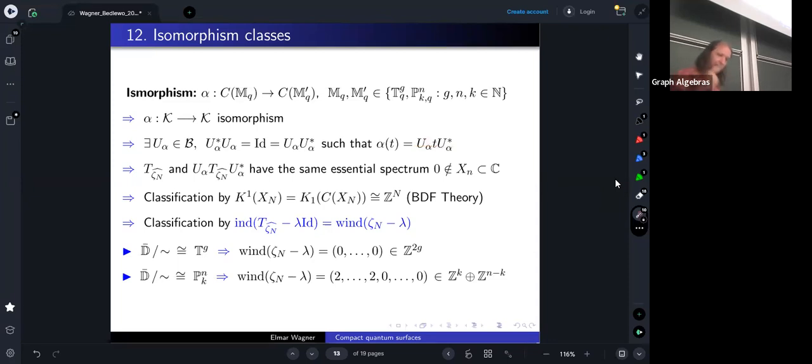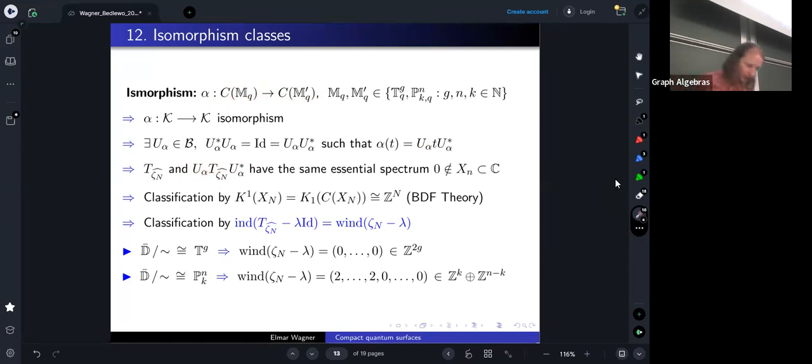Once we have an automorphism on the ideal, we can extend it in a unique way to an automorphism of the multiplier algebra, which are all bounded operators. So any of these automorphisms is given by conjugation with a unitary operator.